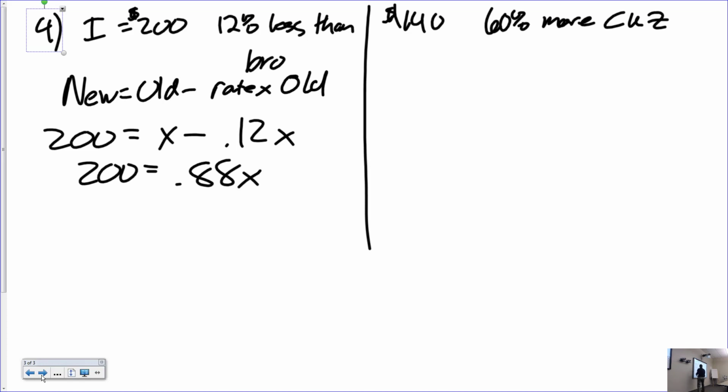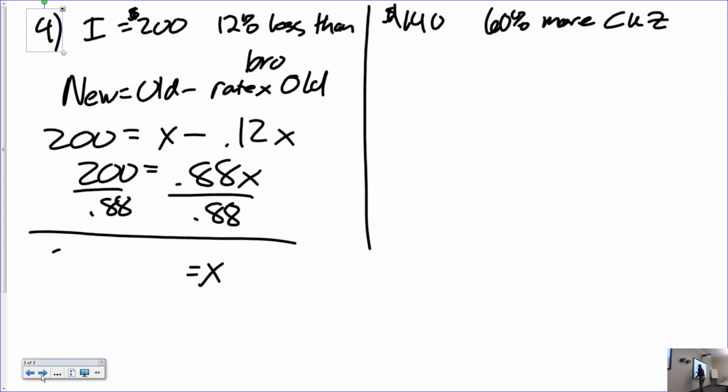If you take 200 divided by 0.88, my brother had $227.27. If you just took 12% and added that, I gave you 4. Because you read a percentage decrease problem and said make it an increase problem? No. Just no.